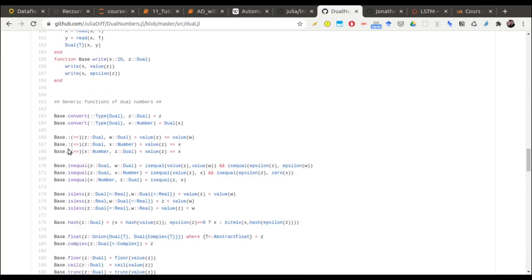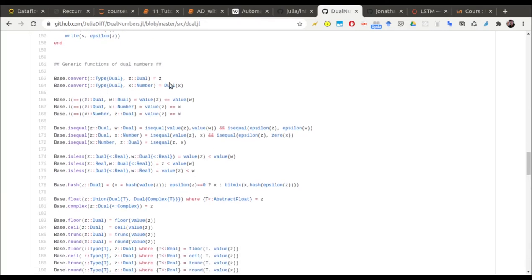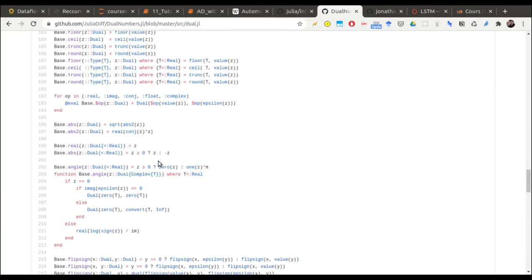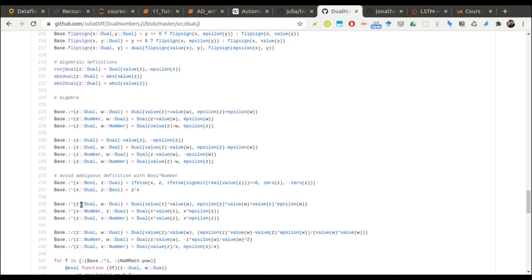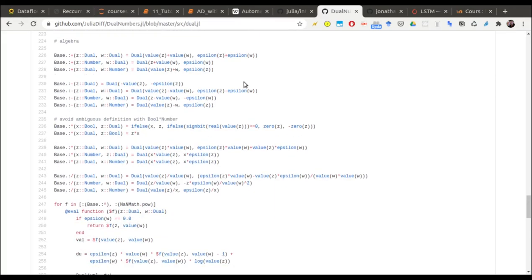You see the convert and where the plus function, the minus, the multiplication, division, and so on are defined.